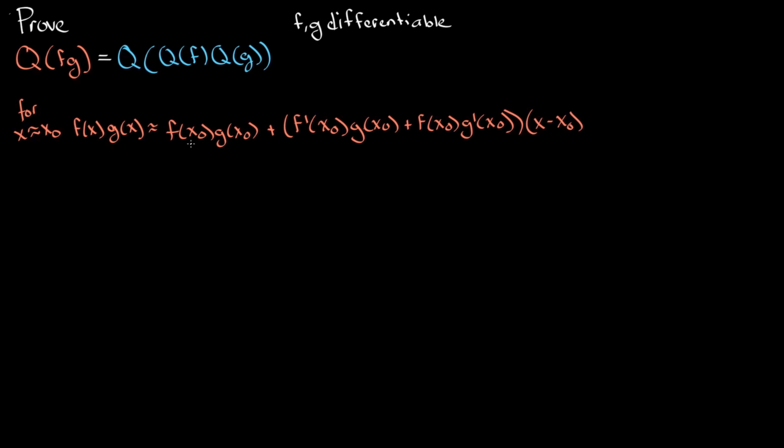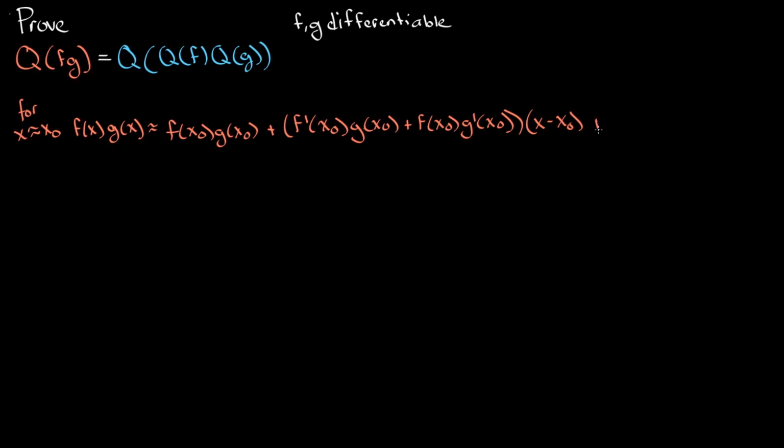And just a quick note here, this is exactly what we did in the last video because this is the linear approximation. And now, since we're taking a quadratic approximation, we have to take the second derivative and multiply it by 1/2 and x minus x naught squared.